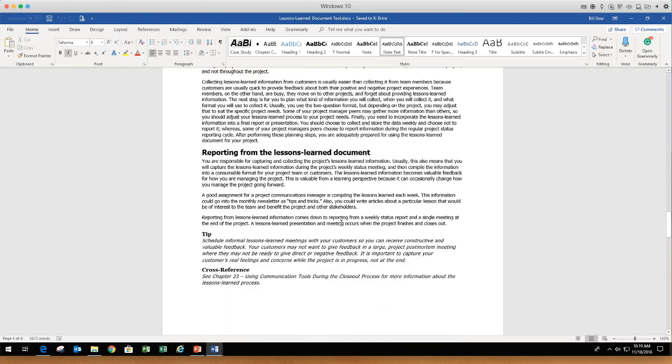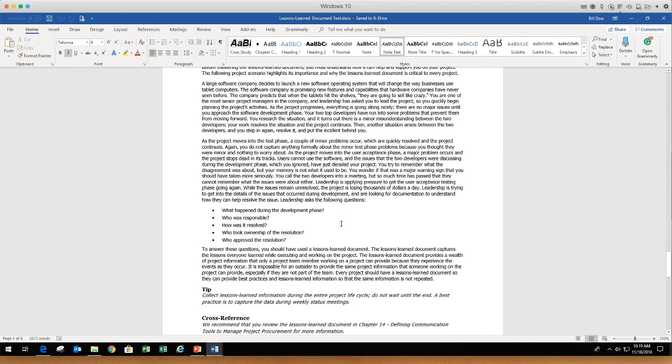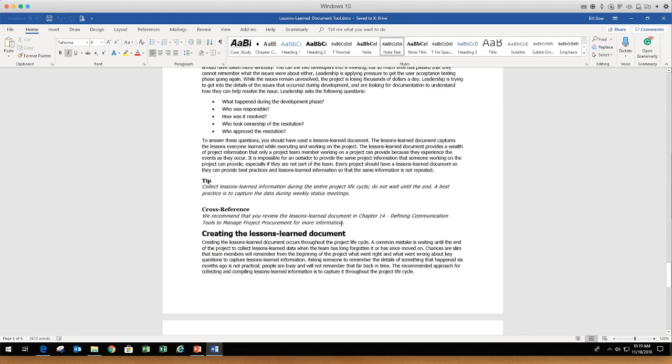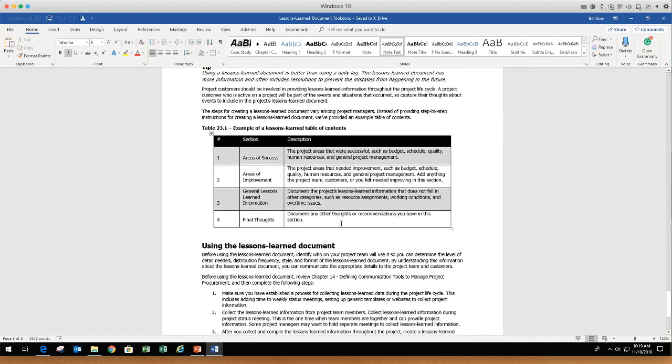Here's a good example. If you look at it, it says areas of success, areas of improvement, general lessons learned, and final thoughts, right? These are the things that you're thinking about, the things you're really supposed to be capturing, and again, focusing on the course corrections along the way.